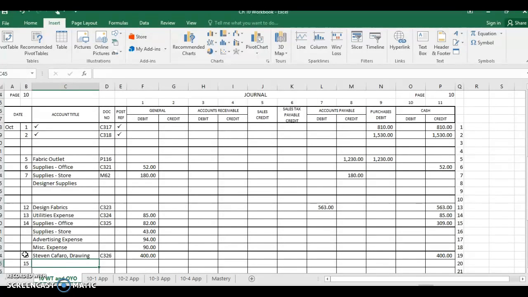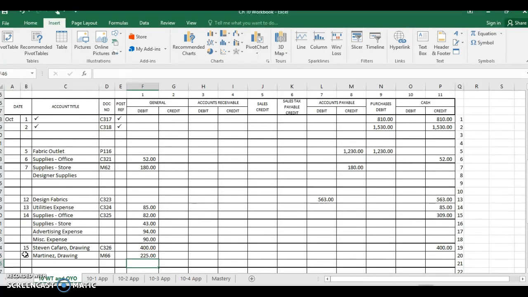Okay, so the other partner, Martinez, took out merchandise. Okay, so it's a different thing. It's M66. Okay, but it's no longer a cash withdrawal. So, first thing we do is set up exactly the same way to begin with. We have a general debit for the amount of $225. Okay, so that's the same.